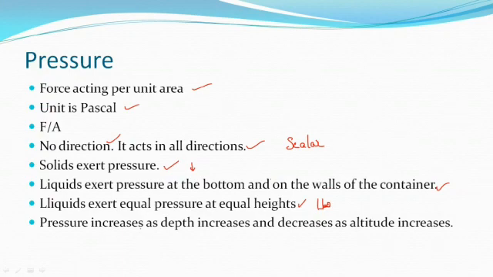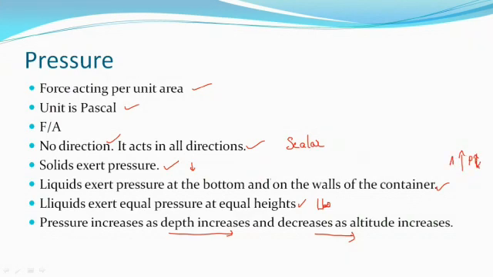And we have also learned that pressure increases as depth increases. I gave you the example of the taps in the apartment as well, and pressure decreases as the altitude increases. Children, we know that as the height increases, pressure decreases.